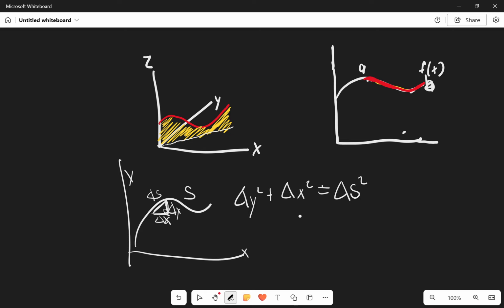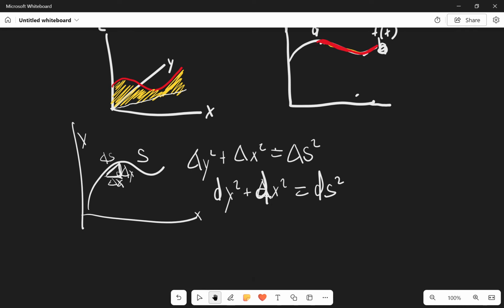Rather than delta, we have a small change, so instead of delta, we have a differential.